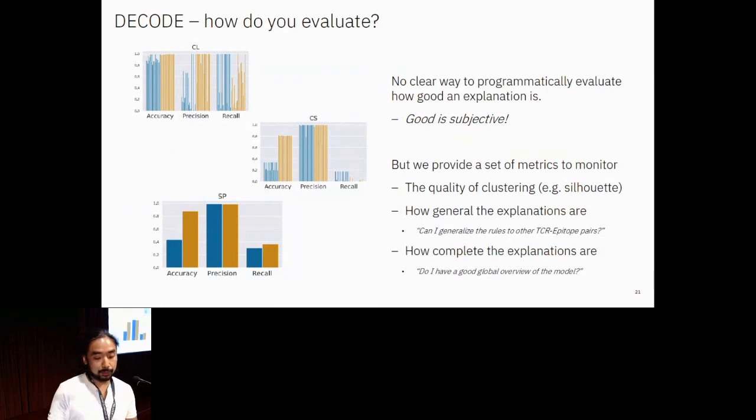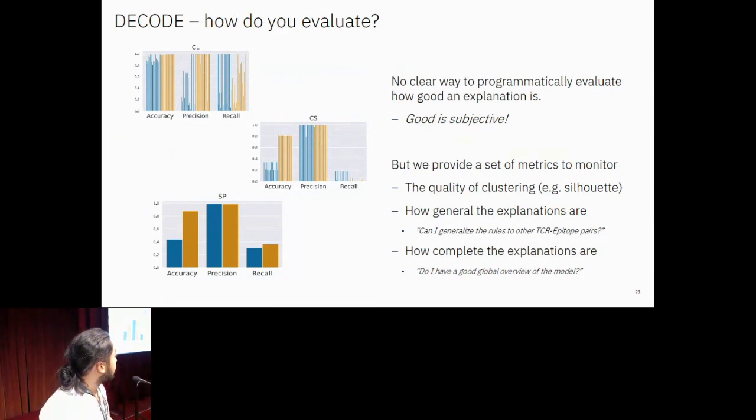Some metrics that we have are, of course, the metrics for evaluating the clustering, for example the silhouette one, which we will see in an example later. And then there are three metrics that I'm not going to go into the details of now, but you can look at the paper.